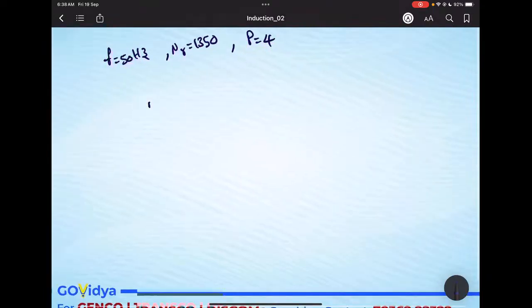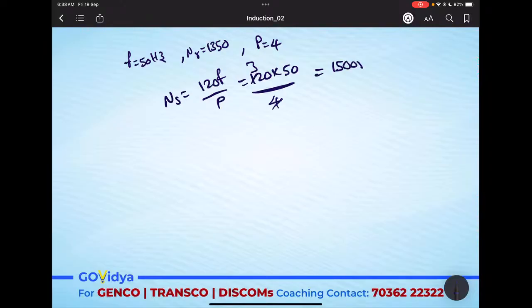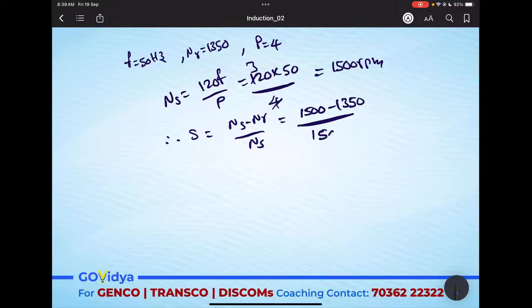Now Ns is equal to 120 F by P. 120 into frequency 50 Hz divided by 4 poles comes around 1500 RPM. Therefore slip will be Ns minus Nr by Ns, which is 1500 minus 1350 divided by 1500.